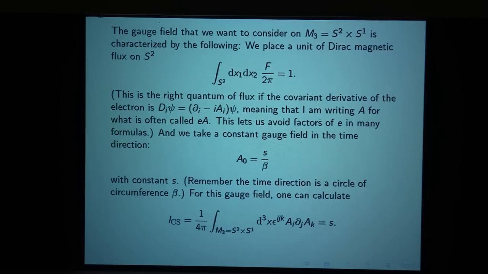I kind of recommend this exercise. And if you try to do the exercise, you'll find it's a little bit tricky, and I don't want to take the time to explain a completely rigorous version of that calculation. I think I'll just give you a word of advice if you want to do the exercise. It's easier to calculate the derivative with respect to s of I Chern-Simons than I itself. And then you can observe that I is 0 if s is 0, just because A0 is 0 and there is no time derivative.